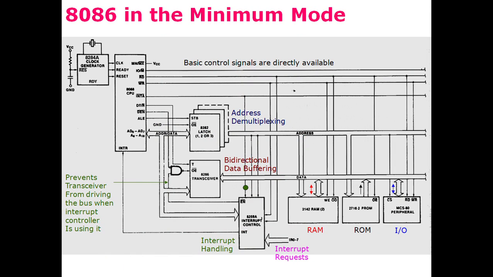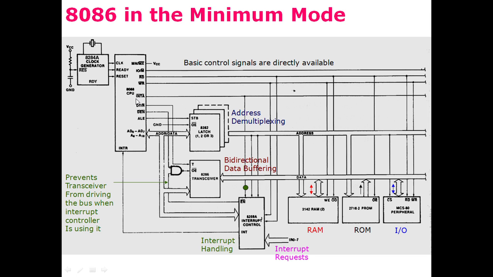Here we have a block diagram of the 8086 microprocessor interfaced with memory, input and output devices, and this microprocessor is working in the minimum mode. When the 8086 is working in the minimum mode, the basic control signals are directly available from within the microprocessor.